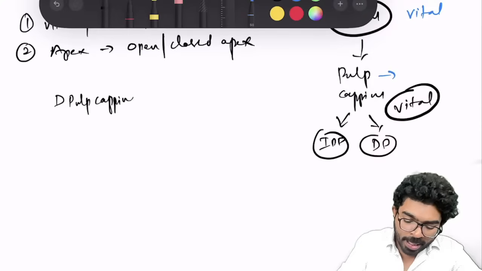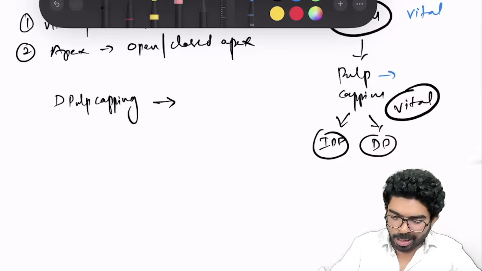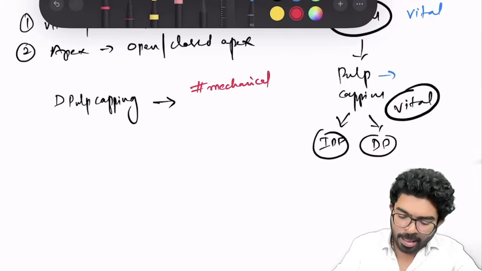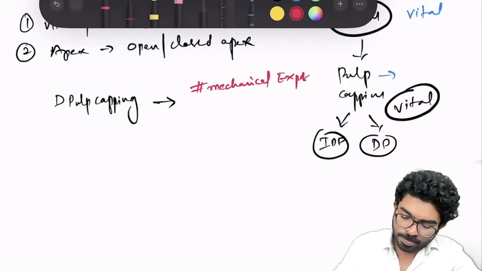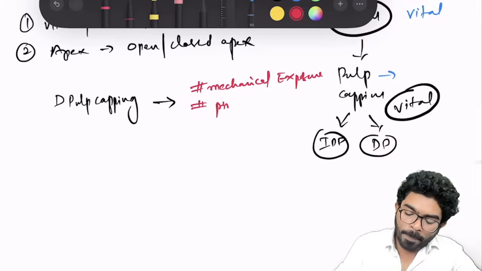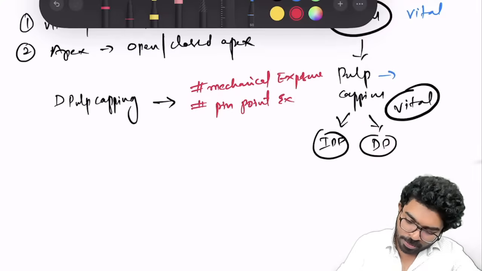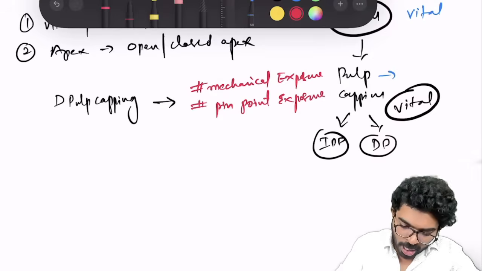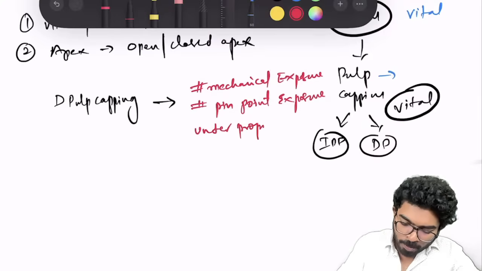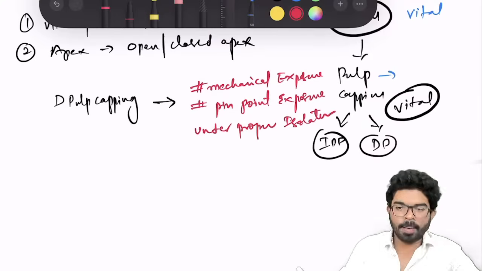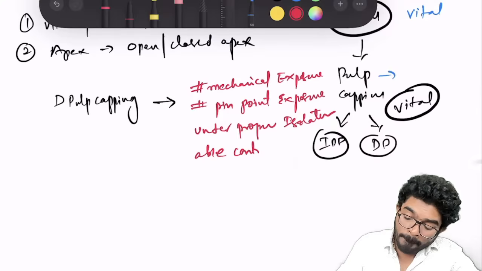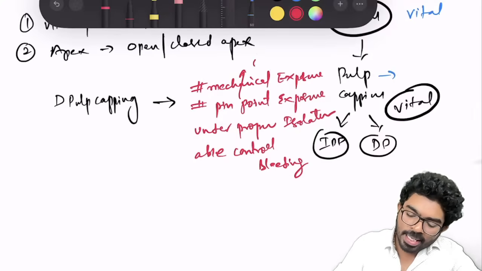You have a direct pulp capping case in front of you, and the most common terms given in direct pulp capping are mechanical exposure, pinpoint exposure, under proper isolation with rubber dam, and you're able to control bleeding, and the pinpoint size is small.